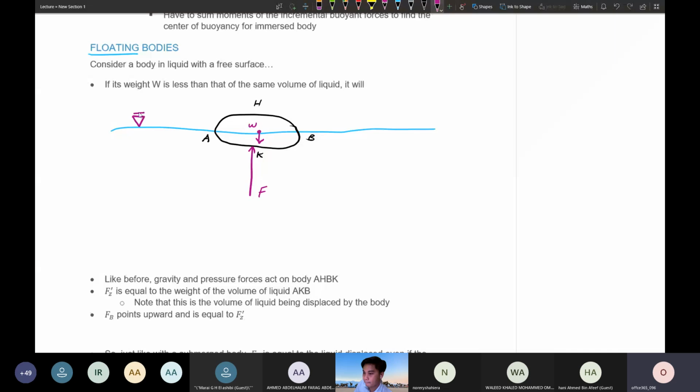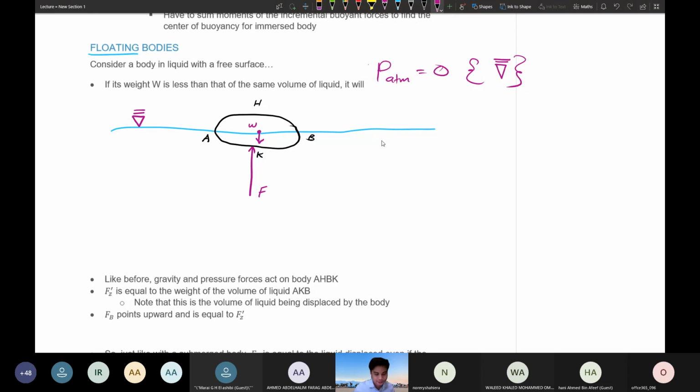Do we have atmospheric pressure? Why don't we have any atmospheric pressure? We consider a reference. Once you see this reference line, that means atmospheric pressure P atm is always equal to 0, because of this symbol.